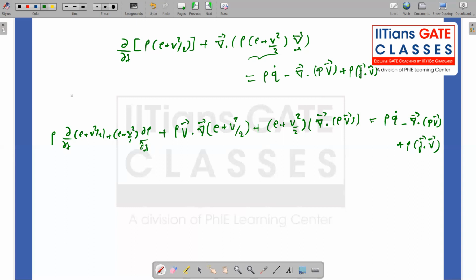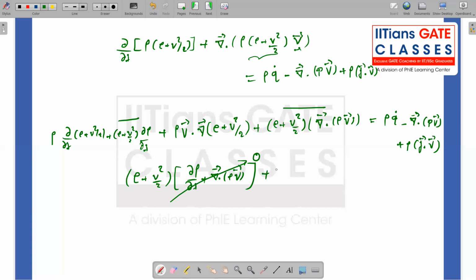If I take (e plus v square by 2) common from here and here, that gives me (e plus v square by 2) common, times ∂rho/∂t plus the divergence of rho v. Again, surprise, surprise, this is our continuity equation. So this term goes to 0.